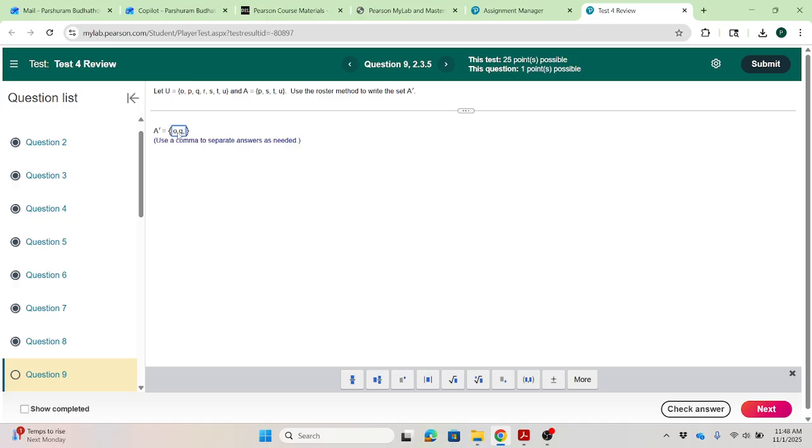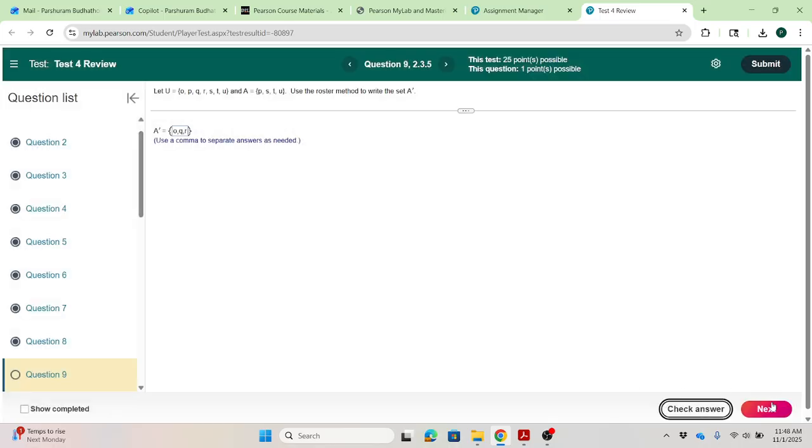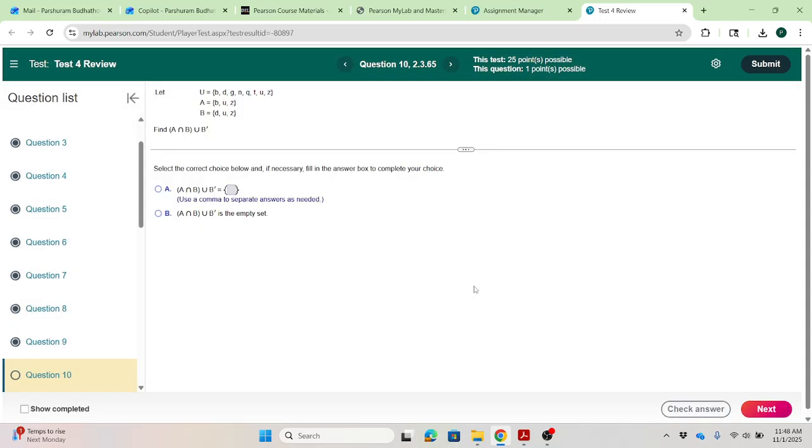R is not there, so comma R is part of that. S and T are also part of A. How many elements are there? 1 2 3 4 5 6 7, and 3 of them are not inside A, so that's the complement of A, which is also called A prime.